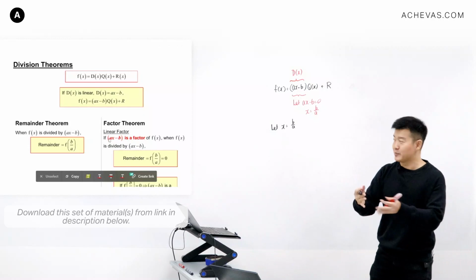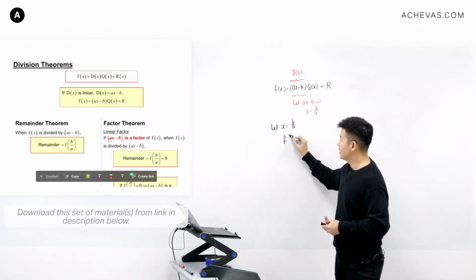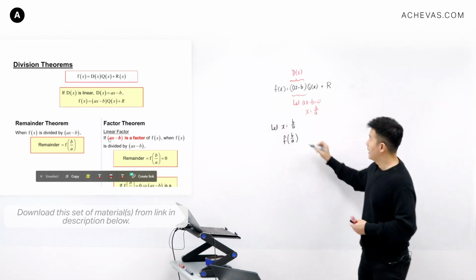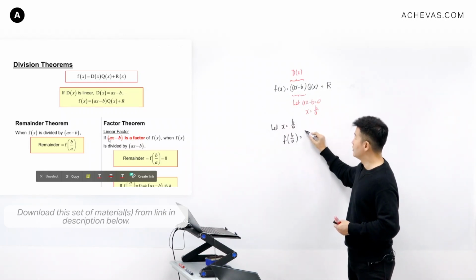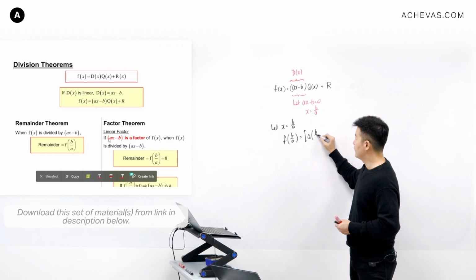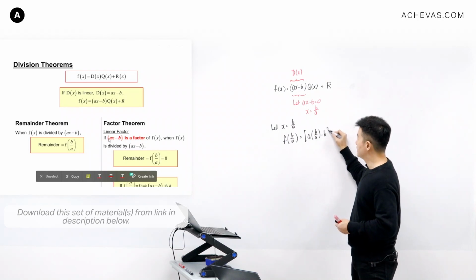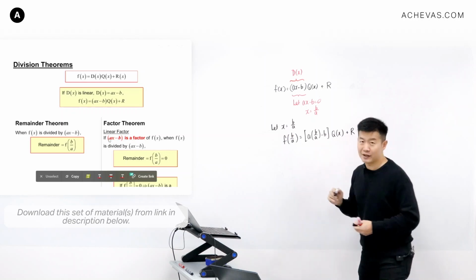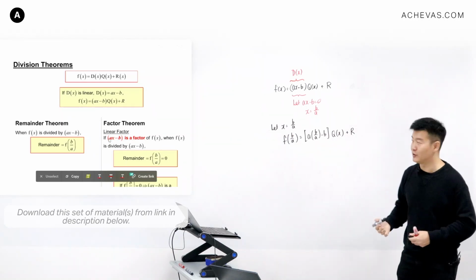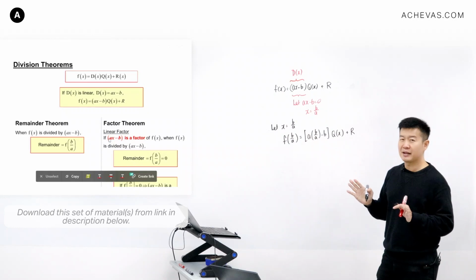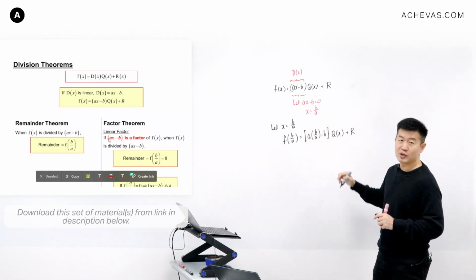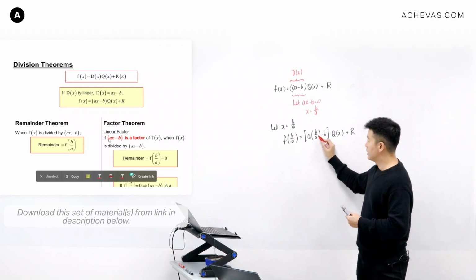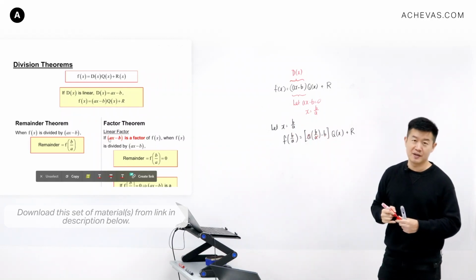So if I let x be equal to b over a, on the left hand side we will have f(b/a), and on the right hand side it is going to be a times b over a minus b, times the quotient, which I don't exactly know because I didn't carry out the long division, but it doesn't matter now because this is going to be equal to 0. a and a can be cancelled. We're going to have b minus b, which is equal to 0.